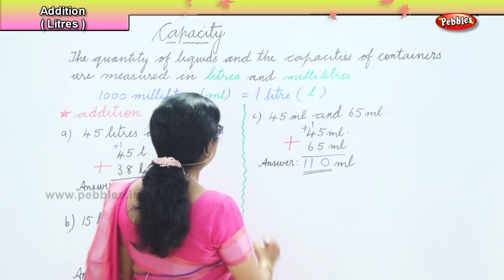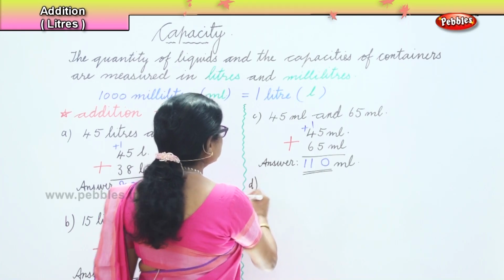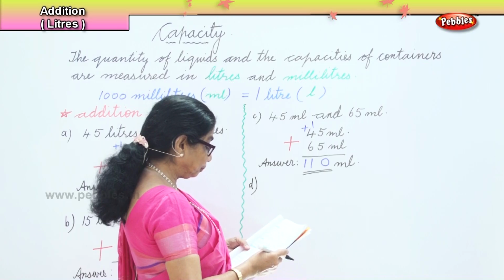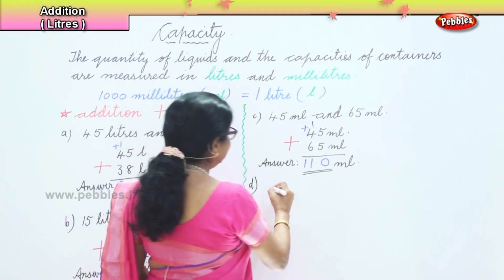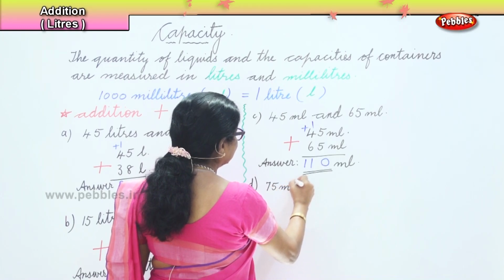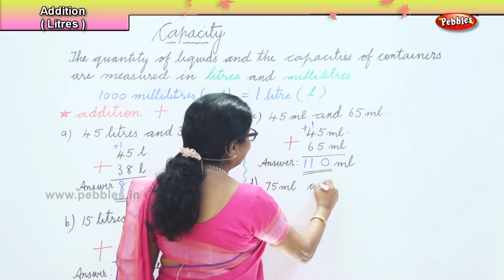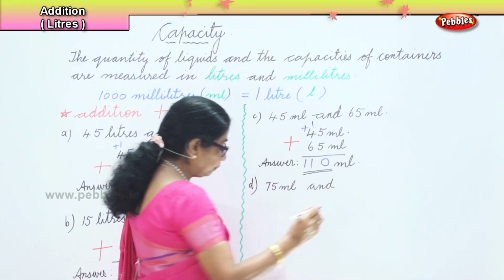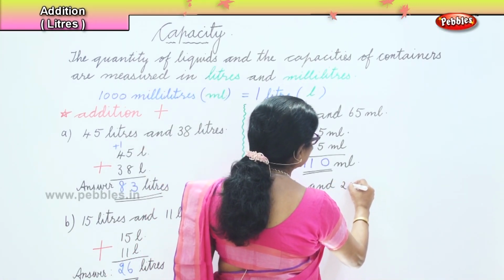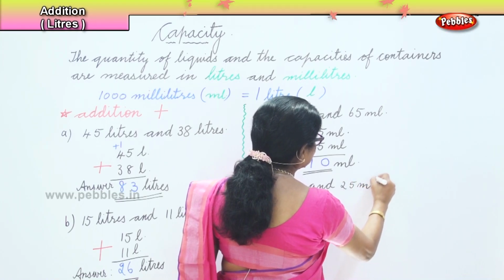Okay, finally, one more small sum we'll do together. Now 75 milliliter and 25 milliliter.